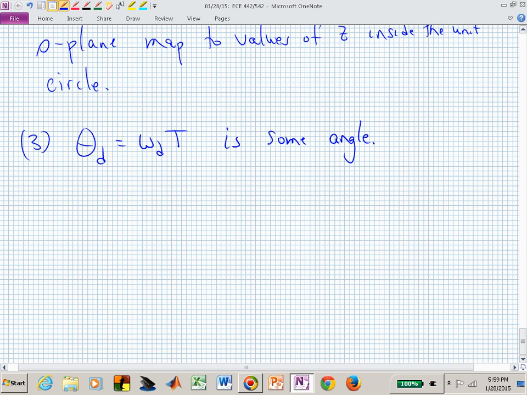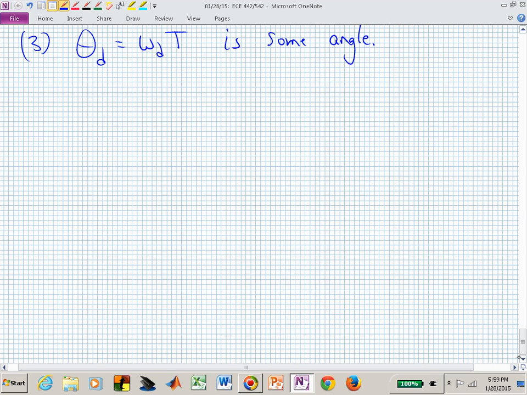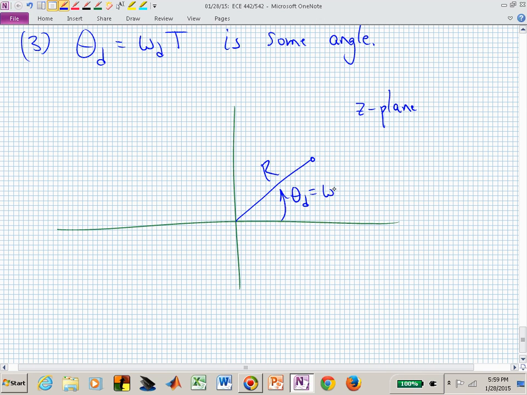So the question was, is there any significance to theta sub d? Even though it may not tell us anything about stability, what does it tell us? Let me just sketch something. We know we have an r. That's the radial distance away from the origin if this is our z-plane. And here is theta sub d, which is omega sub dt.